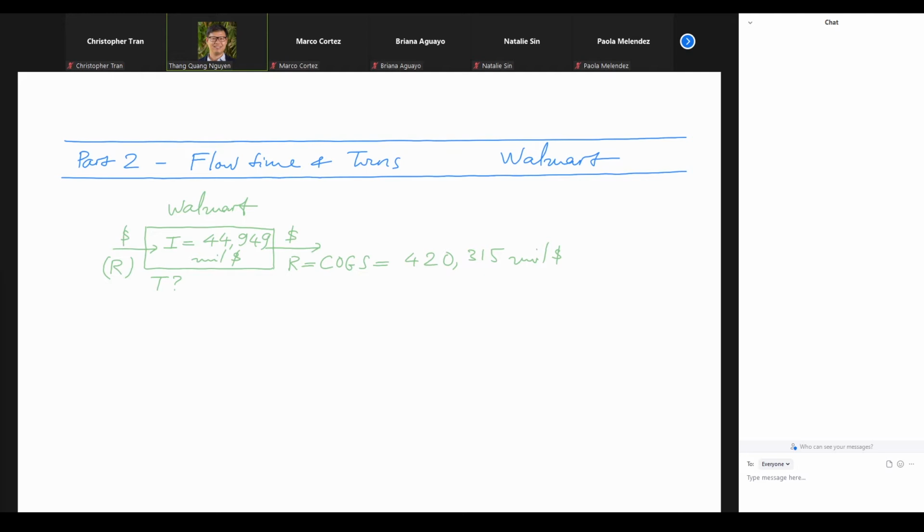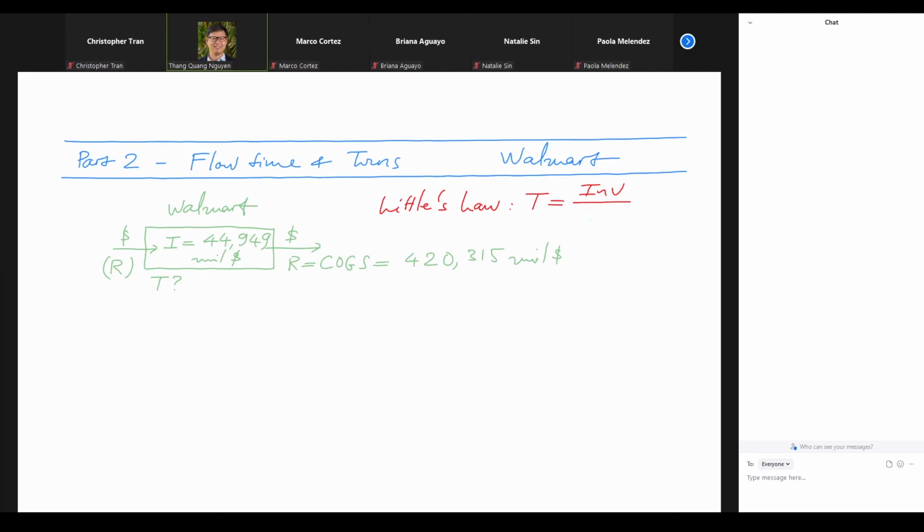So by Little's law, we can find the flow time as the inventory divided by the flow rate. I write I here, but just keep in mind that it's an inventory, the merchandise inventory.